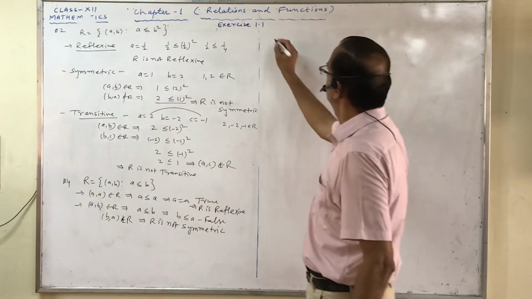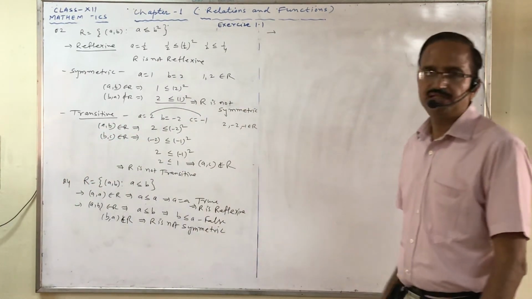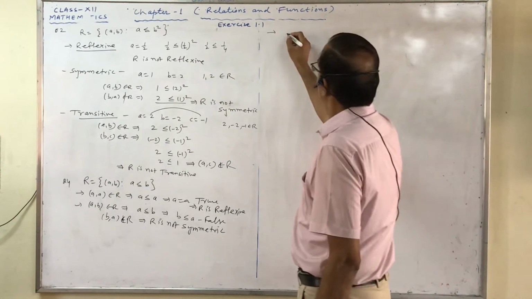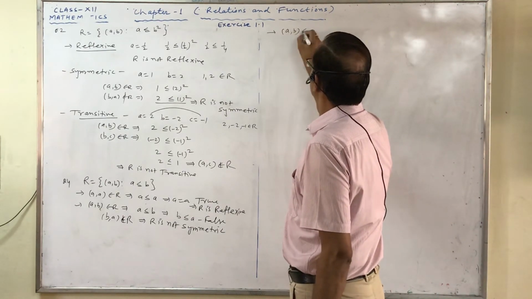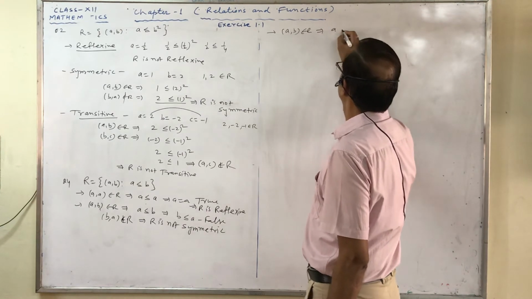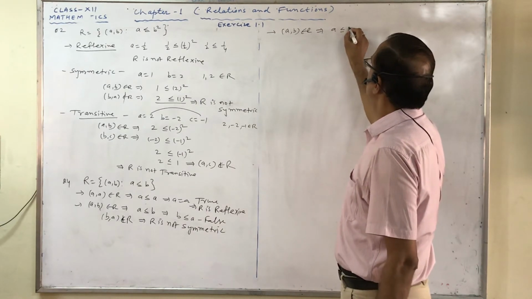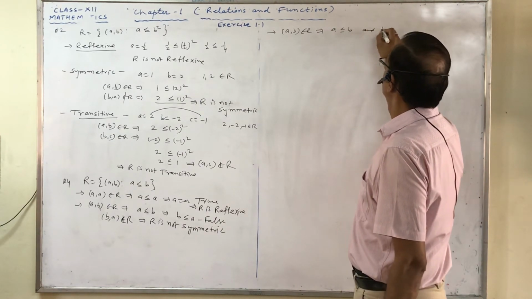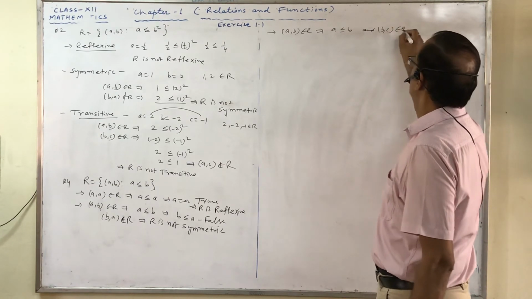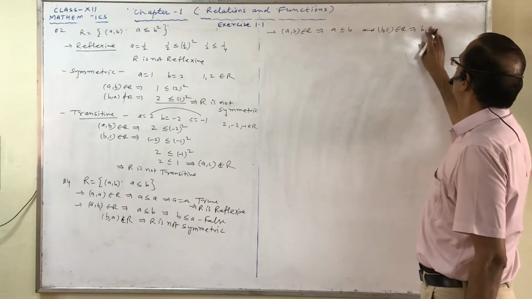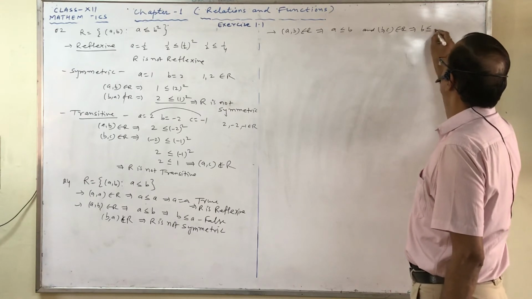Now come to the third one, that is transitivity. So (a, b) belongs to R. This implies that a is less than or equal to b, and (b, c) belongs to R. This implies that b is less than or equal to c.